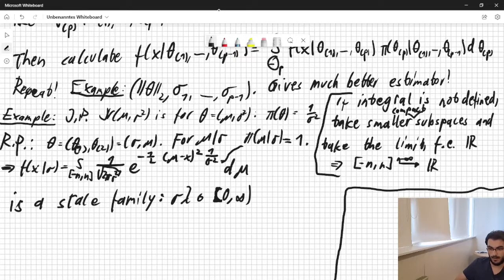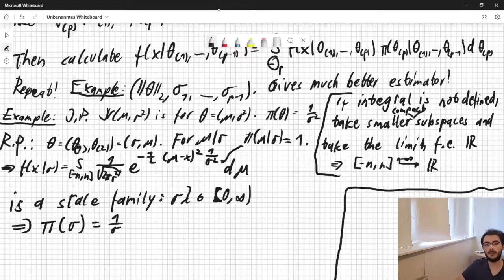So we know by the first slide that pi of sigma, so the Jeffrey prior with respect to sigma, is equal to 1 over sigma.